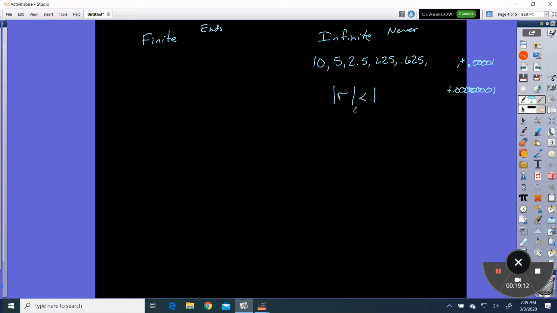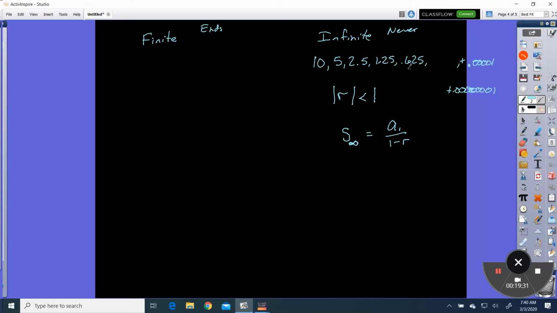And it's the easier of the two formulas. The S means the sum. It's just A1 over 1 minus r. So the first term over 1 minus r.